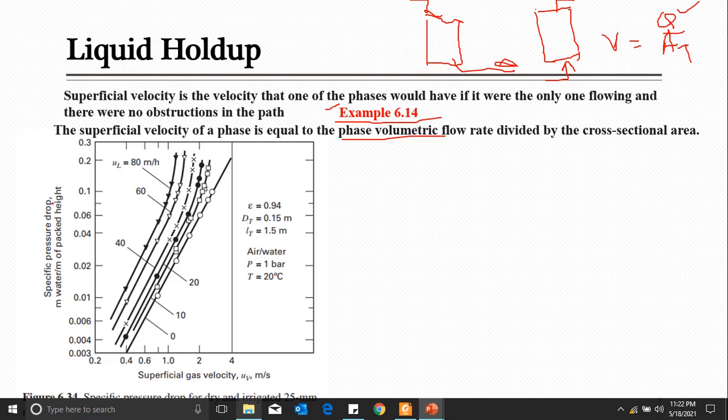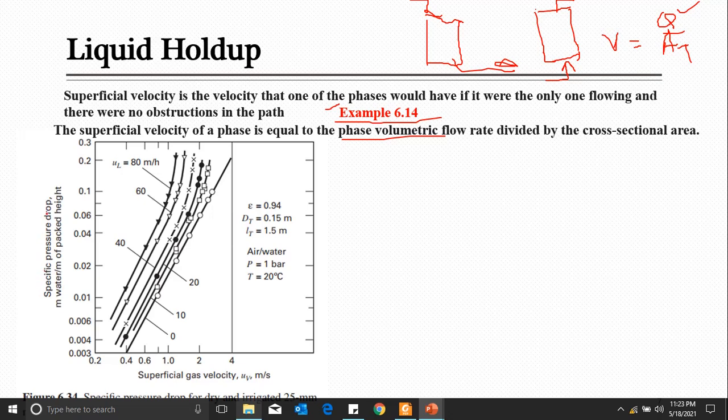And what does specific pressure drop mean here? Again, as I told you a few minutes back, when we say something is specific, it means it involves division by some dimension, like density or per unit volume or per unit length.